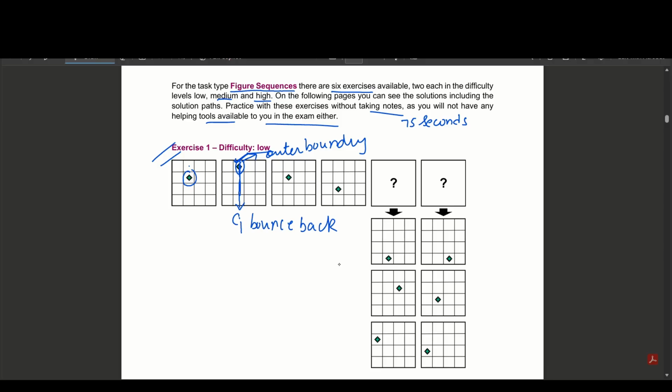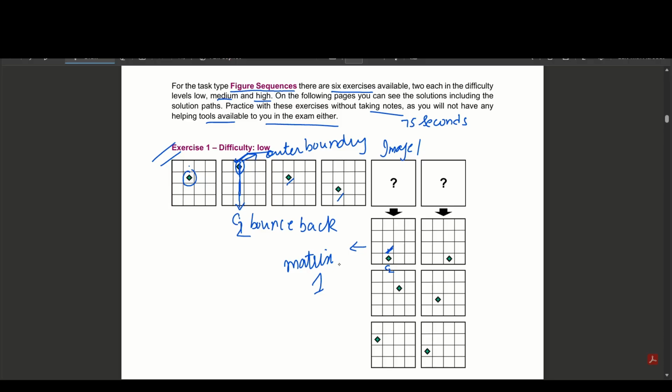So here it goes up in the same column, and then it will bounce back in the same column here, and then again here, and then the next same column. This is the answer for the image 1, matrix 1.